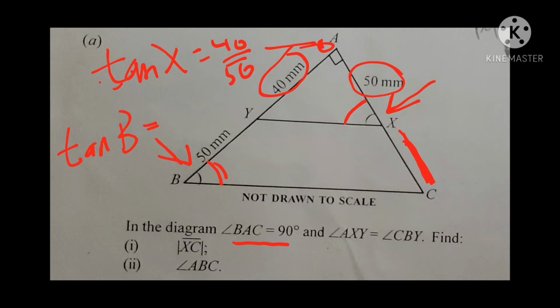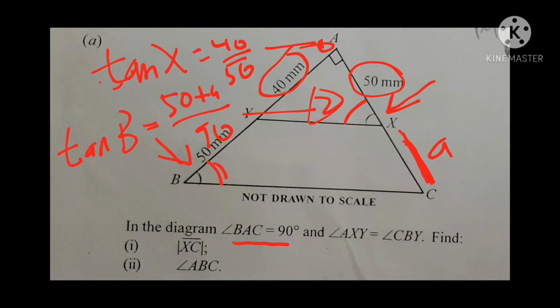Let the line XY be a. So 50 plus a, on the adjacent, which will be 50 plus 40, so that will be 90. This will be our second equation.